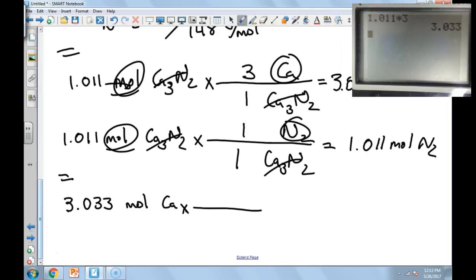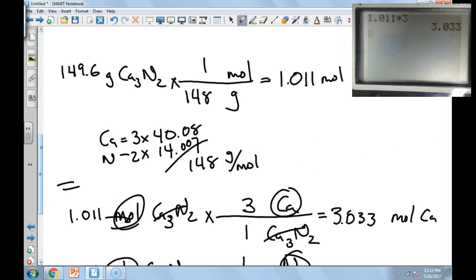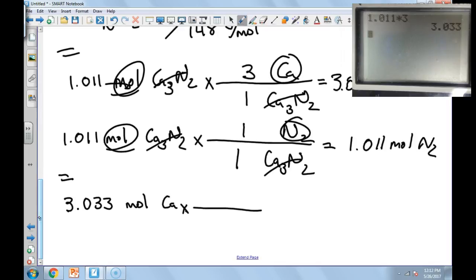We have our periodic table. We looked up that the molar mass of calcium was 40.08. So we're going to convert from moles to grams, and for every 1 mole calcium weighs 40.08 grams.